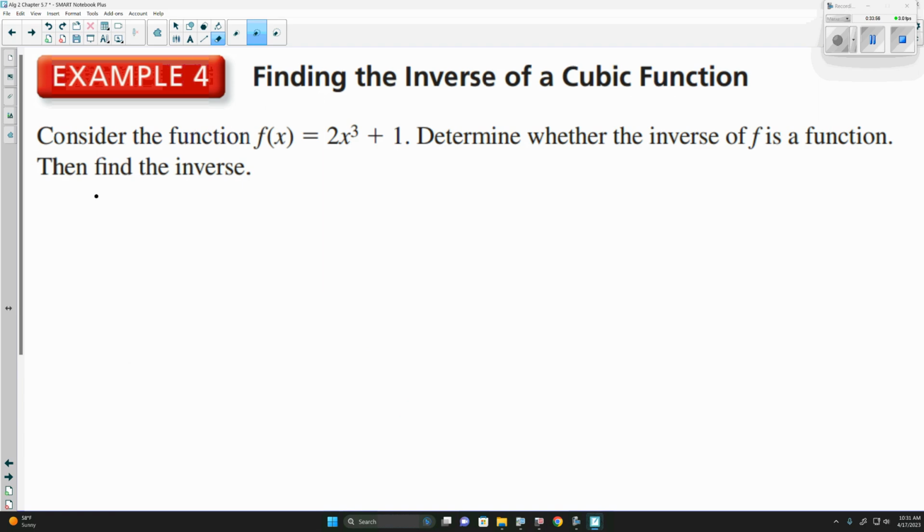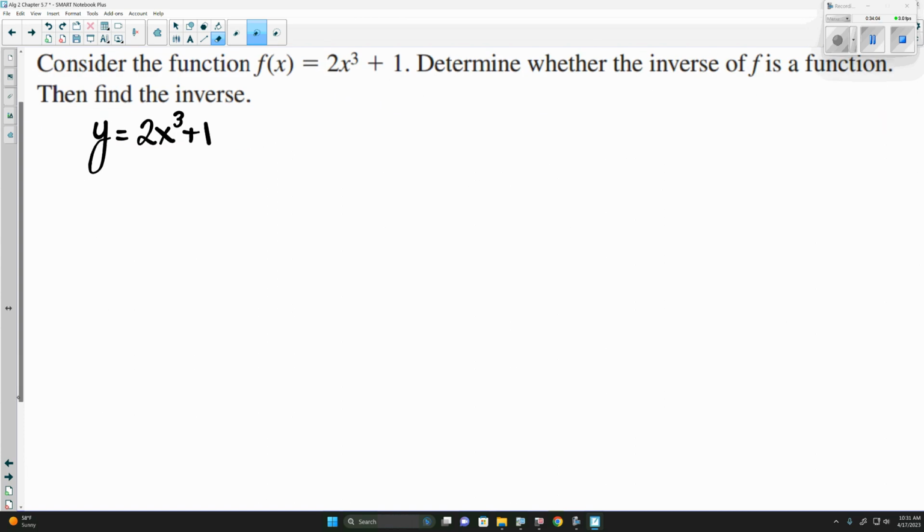So our steps for finding the inverse are still going to be the same. We switch f of x and y. F of x we rewrite as y. Then we switch x and y, telling us x is equal to 2y cubed plus 1.